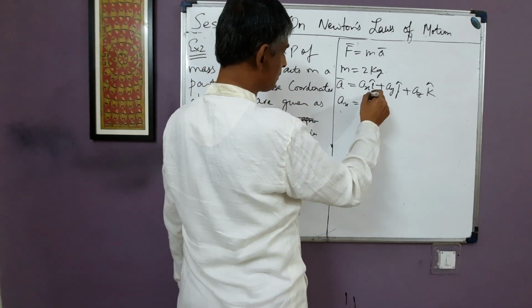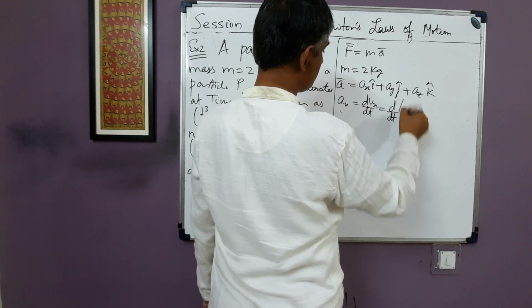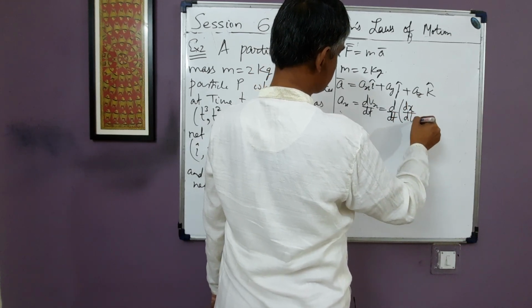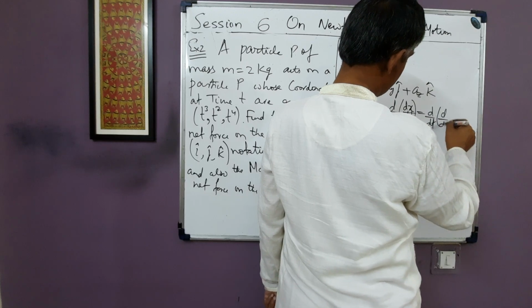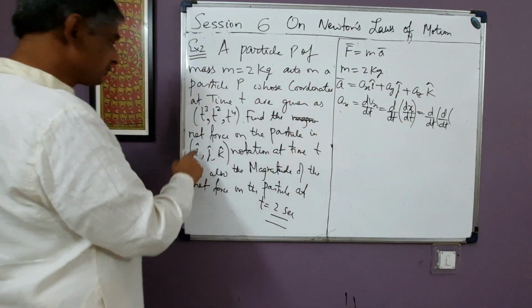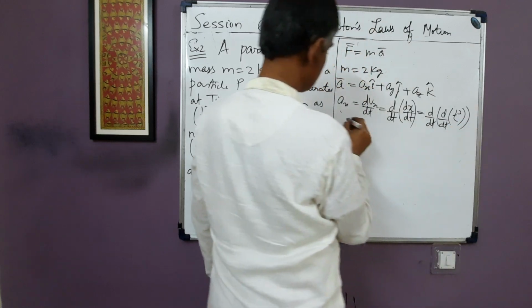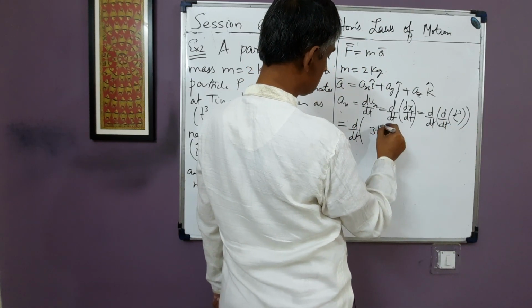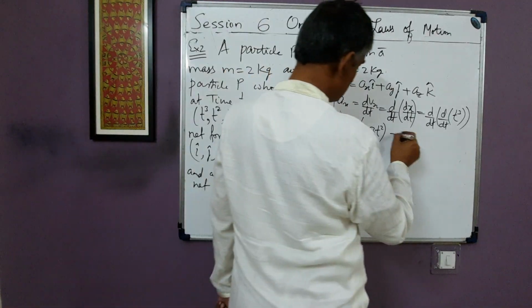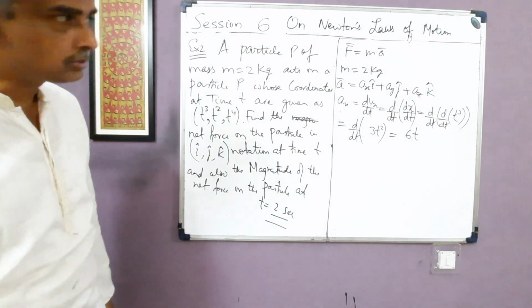Now Ax we know is dVx by dt, that is d by dt of dx by dt. This becomes d by dt of x coordinate, which is t cube. This becomes d by dt of t cube, which is 3t square. d by dt of 3t square becomes 6t. Ax we have found out.